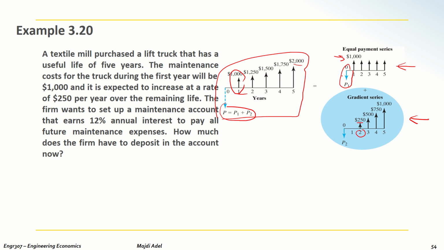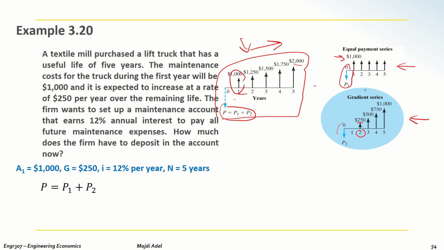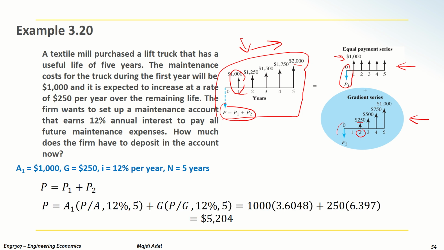بحسب B لليونيفورم كاش فلو باستخدام اليونيفورم كاش فلو فورمولاز، والجريدينت بطبق عليه البريزنت فاليو فورمولا. And the present value of this cash flow is the summation because this is an increasing cash flow لأنه متزايد، فتكون عندي البريزنت worth اللي هي B1 plus B2.